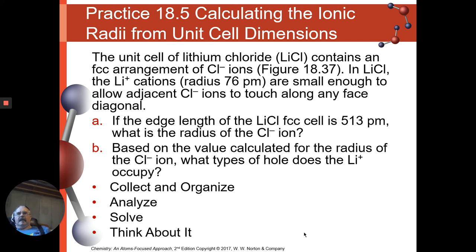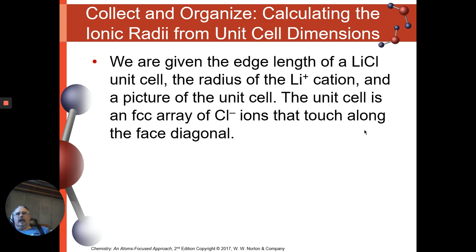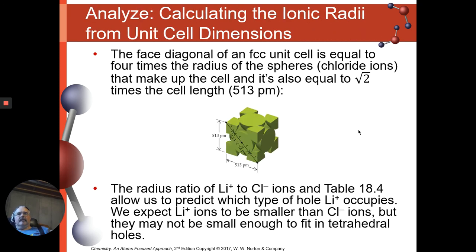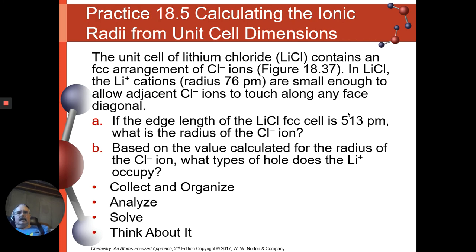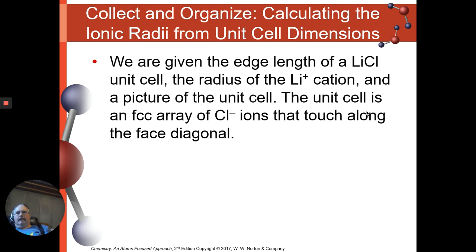Okay, the other thing I wanted to show you was calculating the radius. Okay, so we have the edge length here. It's 513 picometers. Okay, so what is the radius of the chloride ion? Okay, so we're given the length of the lithium chloride unit cell.